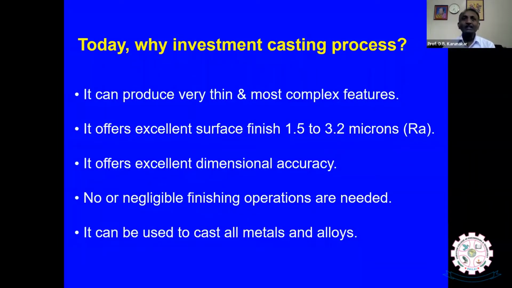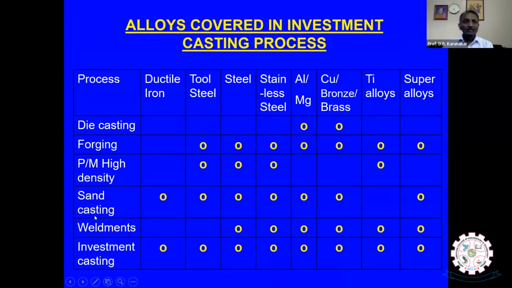If you take any other casting process or manufacturing process, all the metals and alloys cannot be processed. I will show you the details. For example, we are dealing with ductile iron, tool steel, stainless steel, aluminum, magnesium alloys, copper, bronze alloys, titanium alloys, and super alloys. These are the different processes: die casting, forging, powder metallurgy, sand casting, welding, and investment casting.